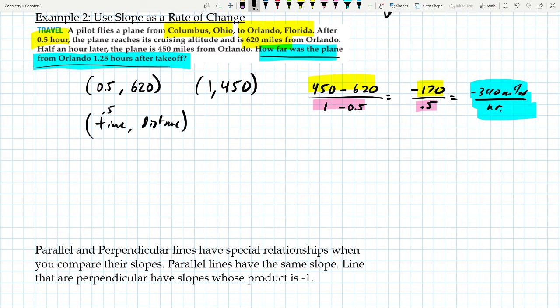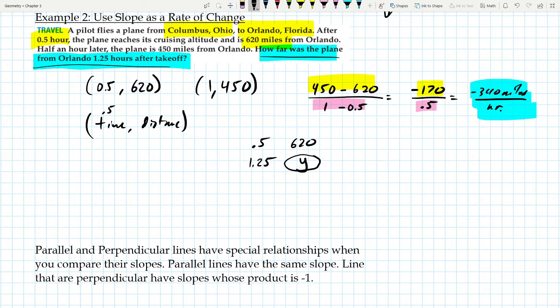So at 0.5 hours, it was 620 miles away. So we're trying to figure out at 1.25, how many miles away it was. So we're going to do something kind of interesting here. We're going to say, we'll call that y, it doesn't really matter.